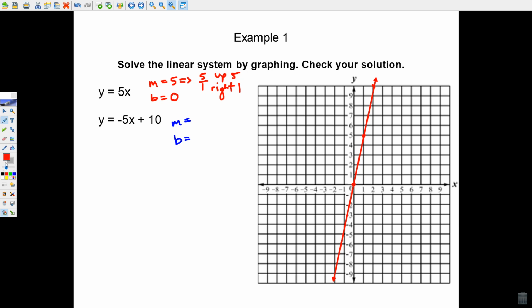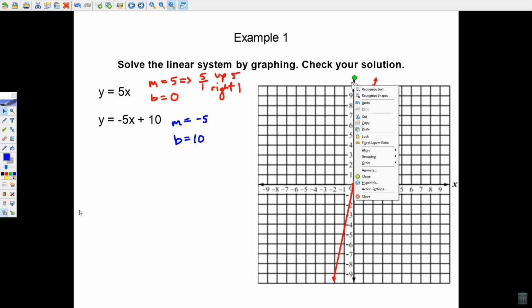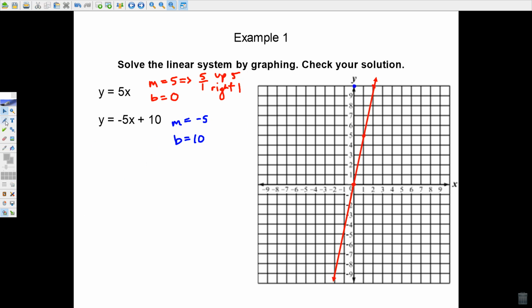Now we graph the other equation. Again, identify slope and y-intercept. The slope of this is negative 5, and the y-intercept is 10. Plot the y-intercept first, so up at 10, I put a point. My slope is negative 5, as a fraction negative 5 over 1.